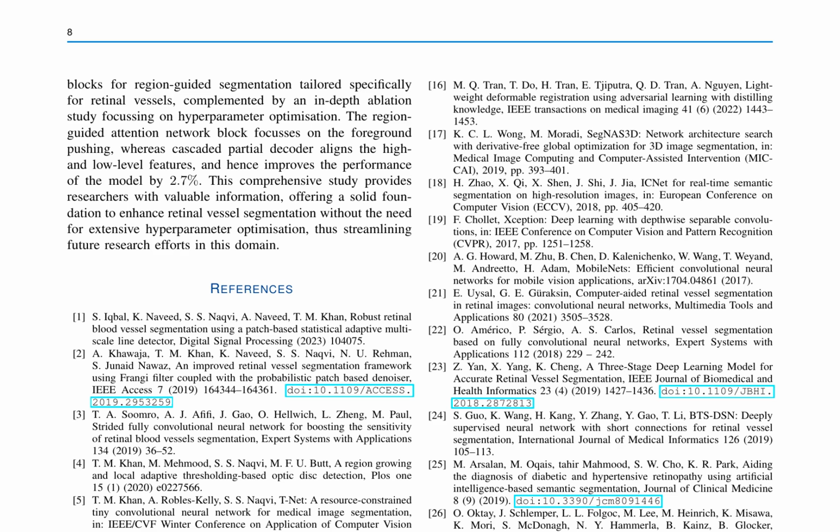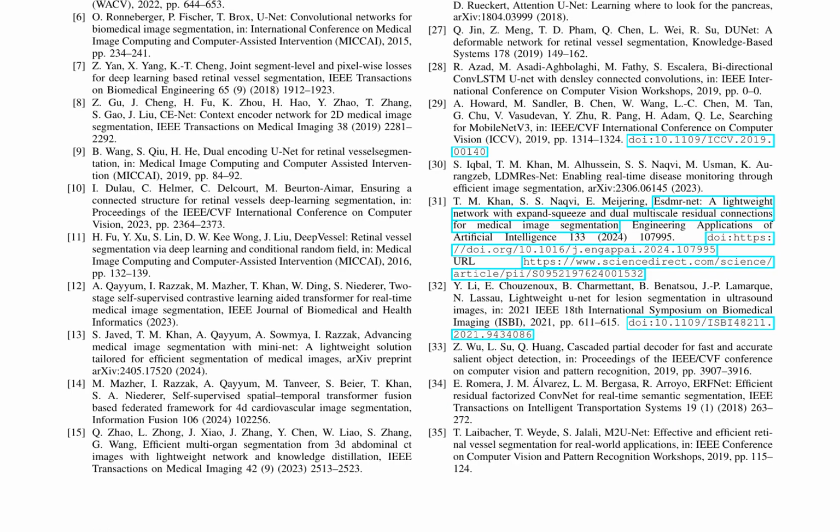A pivotal component of our approach is the region-guided attention network block, which focuses on foreground pixels. Furthermore, the cascaded partial decoder aligns high and low-level features, leading to a notable 2.7% performance enhancement. This research offers significant insights for researchers, providing a robust foundation for improving retinal vessel segmentation without the necessity for extensive hyperparameter optimization, thereby accelerating future research endeavors in this field.